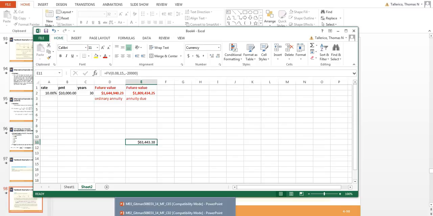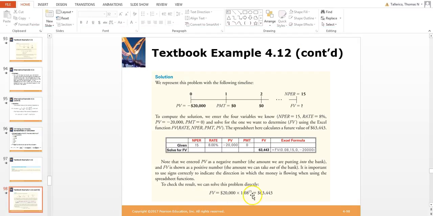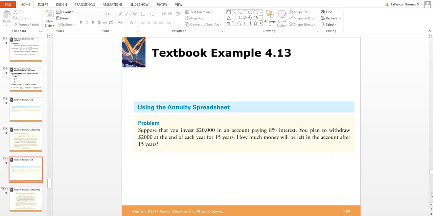And if we go back to that PowerPoint slide just for a minute, there it is right there, just what I did. So you see they're even using Excel here to make your life easy.